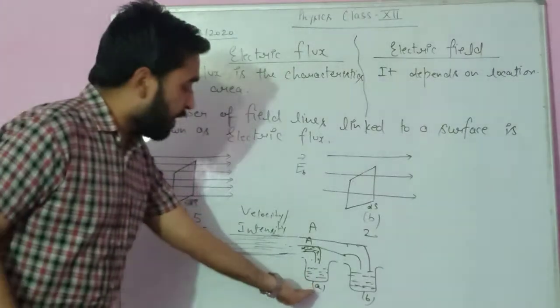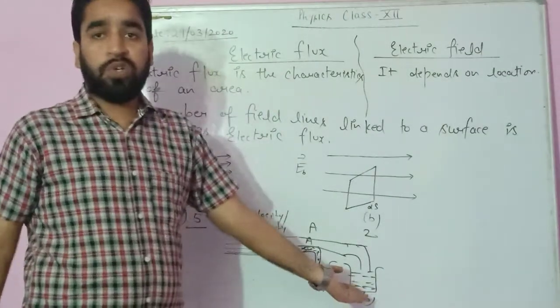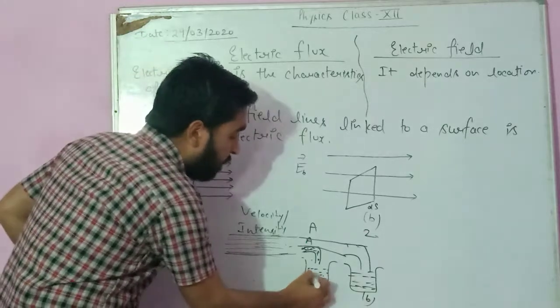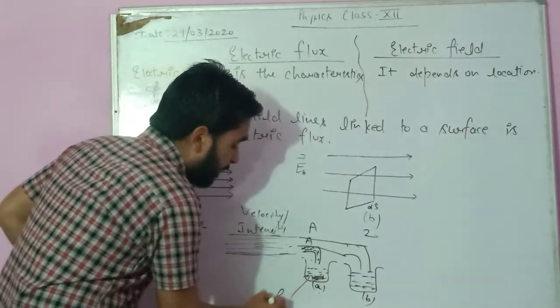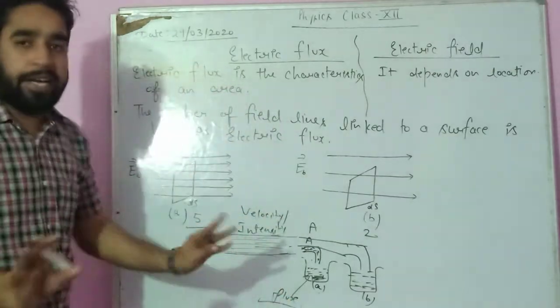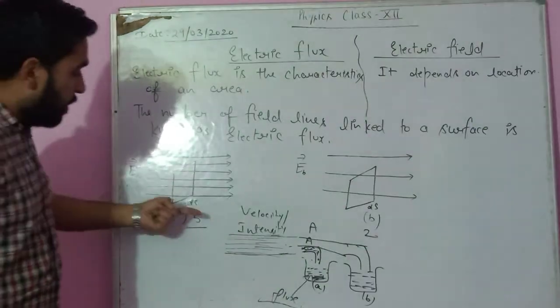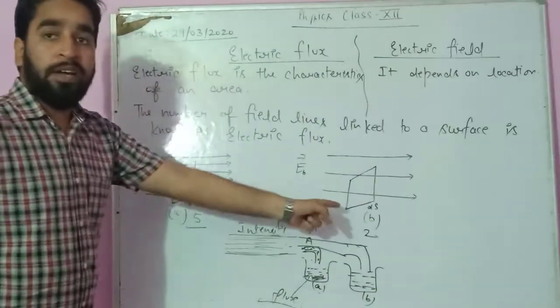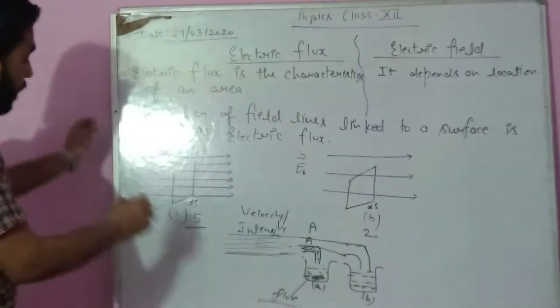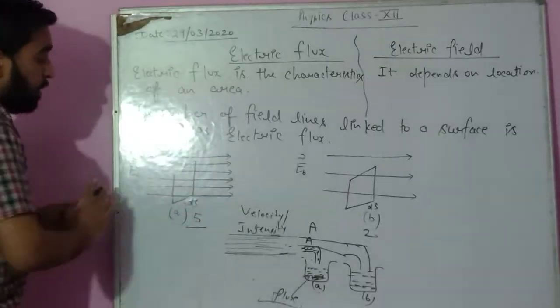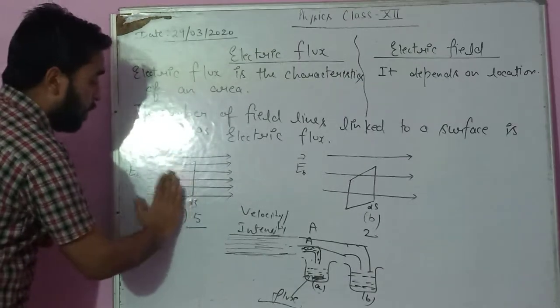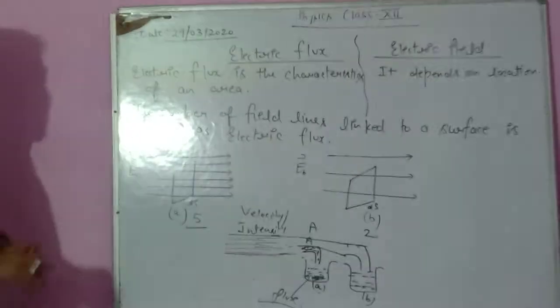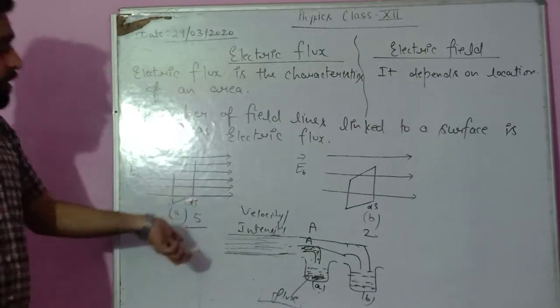So this amount of water here we can say is the flux, for understanding it. And the water which was coming in this way was the electric field. So electric field has a certain direction, and when it passes through a surface, the result has no direction. This is how we understand it.